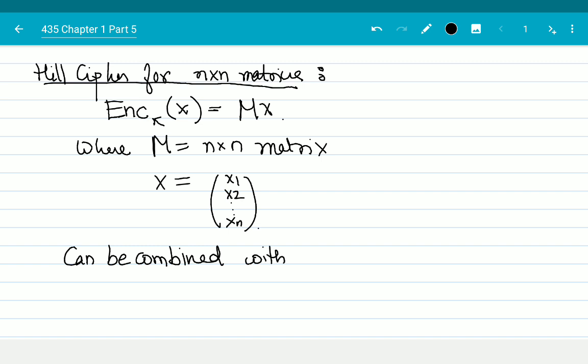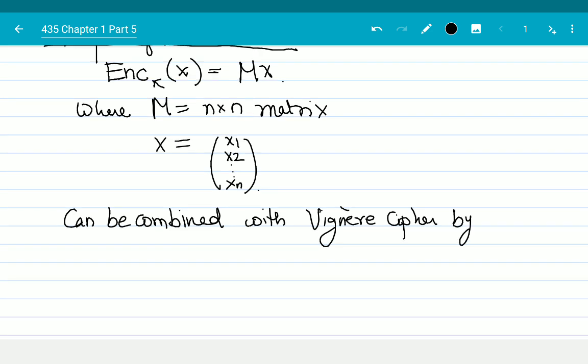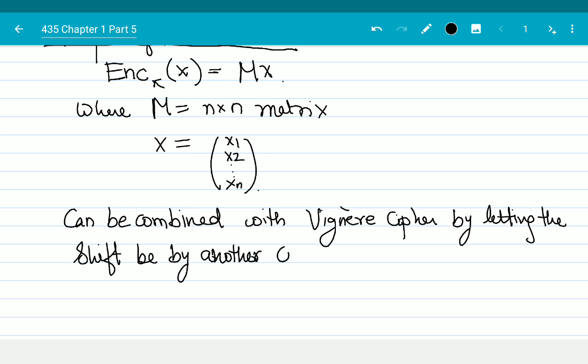What you can do is combine this with the Vigenere cipher, the standard Vigenere cipher, by letting the shift be given by another column vector plus b.